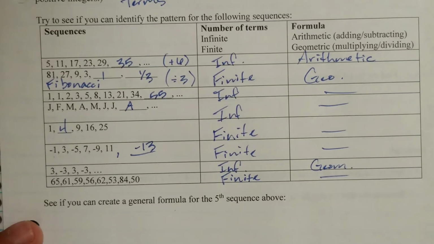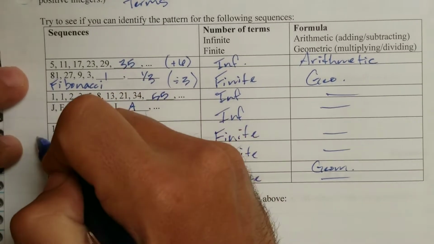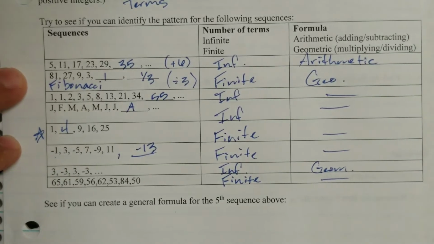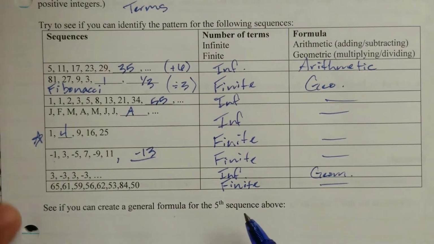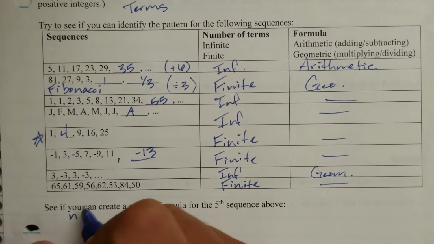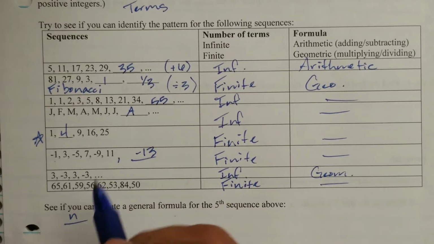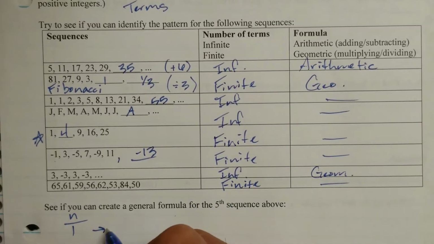See if you can create a general formula for the 5th sequence above. So if you look up here, the 5th one is the 1, 4, 9, 16, 25. So if you think of just n being the number of terms, when I plug in a 1, I get 1.